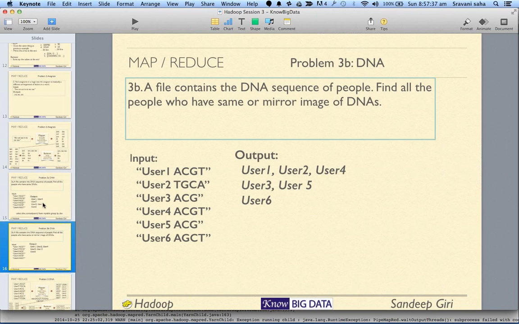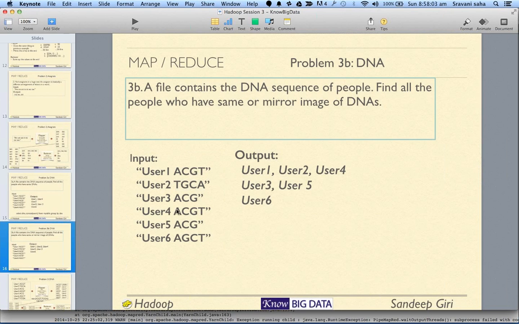Now in this third B problem, we say that please group the users which have either identical DNA sequence or exact opposite of each other, right? Mirror image of each other. So user 1 and user 2 belong together because AGCT is the exact mirror image of TGCA.